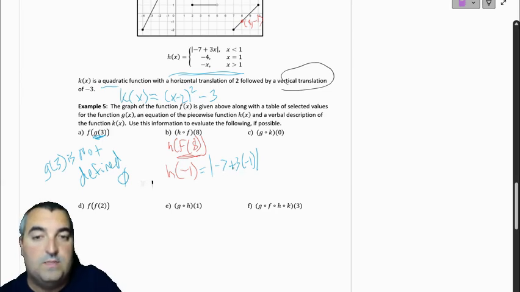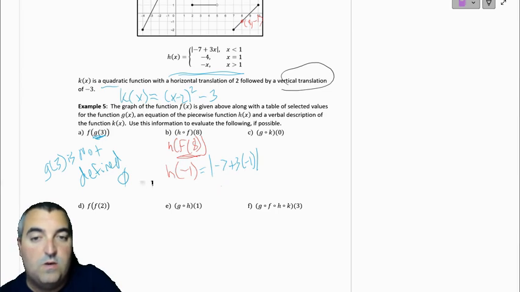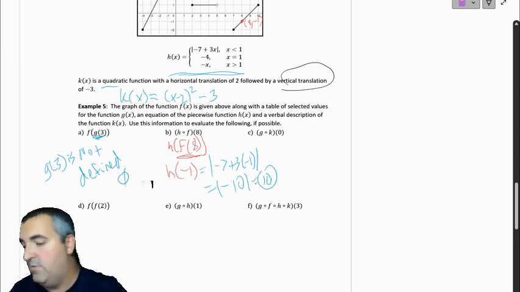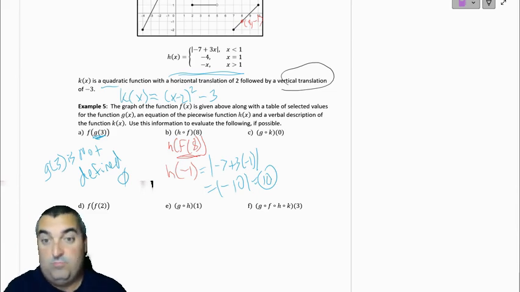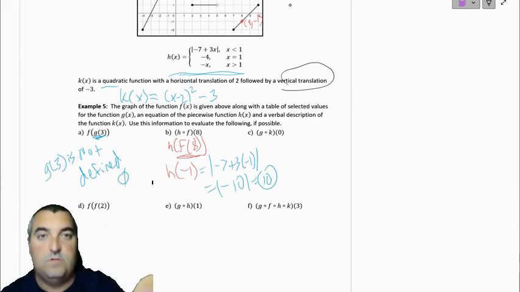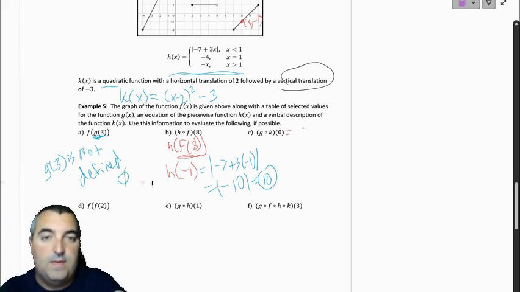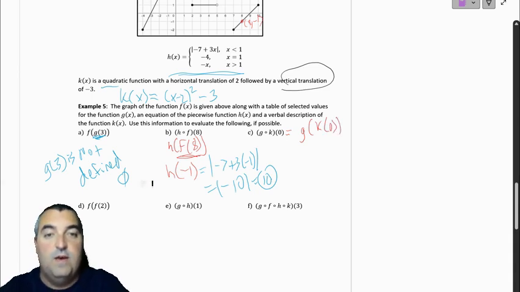Inside the absolute value, I would have -7 minus 3, which would be -10, but we're absolute valuing it, which means my answer there is 10. Okay, cool. That's the answer for that one. So we'll keep doing a few of these examples just so you can see more. Again, I prefer this notation, so I will pretty much always rewrite it, but both are mathematically correct.